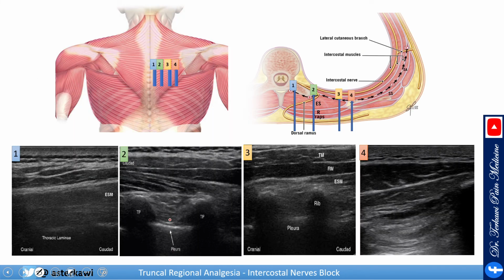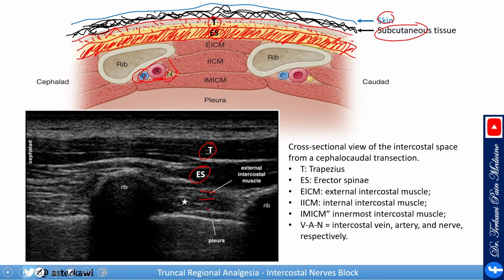So here is the way to differentiate whether you are in the right plane or not. Let's say you put your needle here, you touch the rib, you put some medication to see. If the spread of the layer is going upward, then most likely you're still superficial.